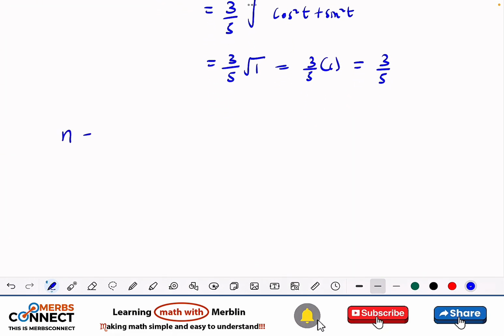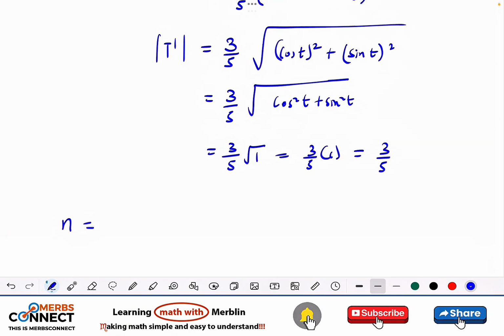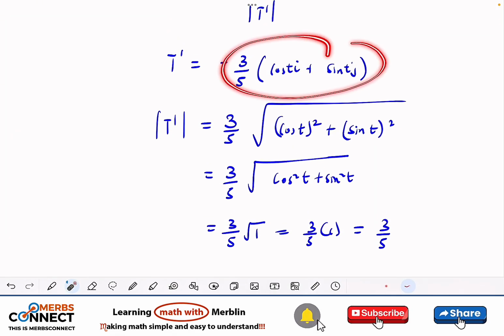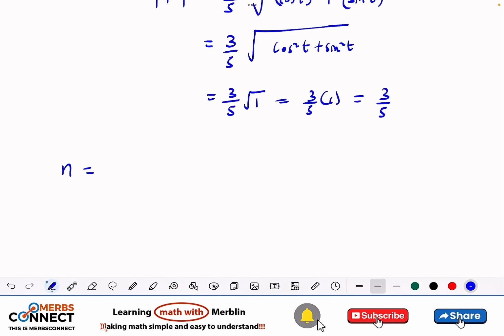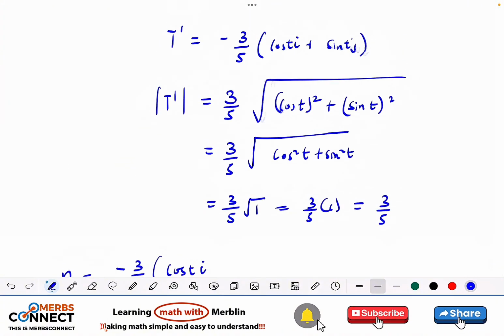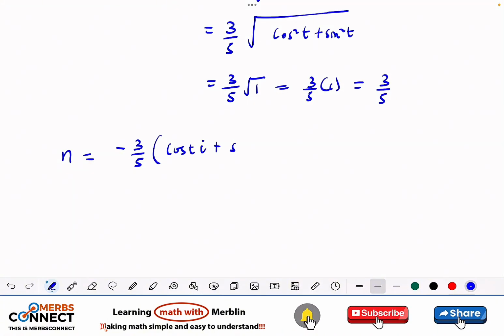So the principal normal is equal to the unit tangent divided by its magnitude. So I'm going to have minus 3 over 5 cos t i plus sine t j, divided by 3 over 5.